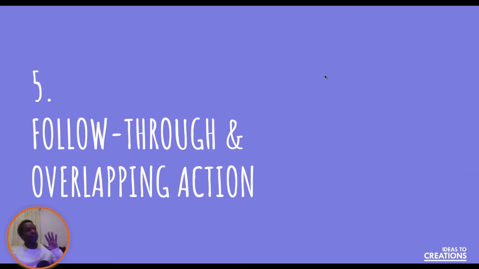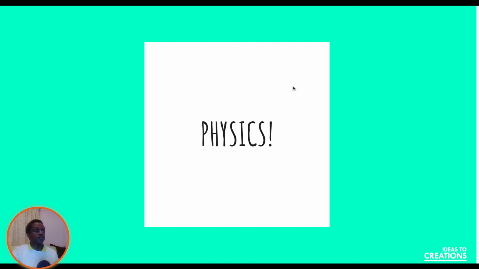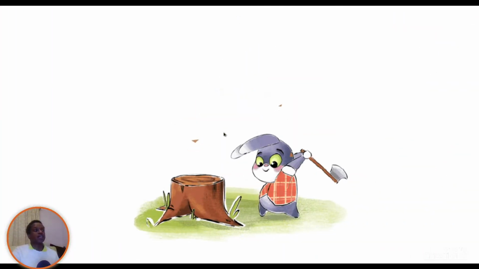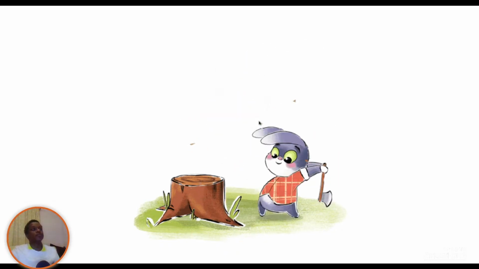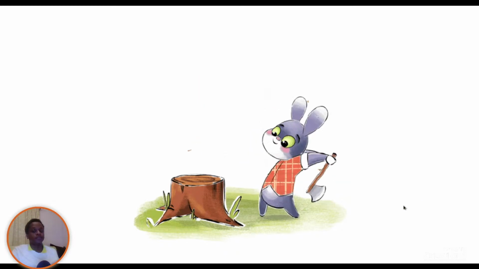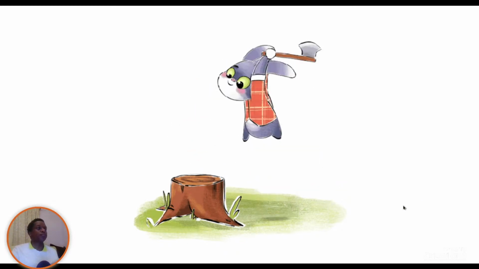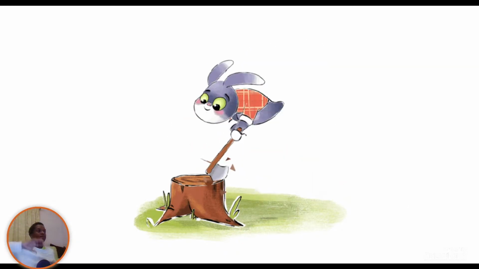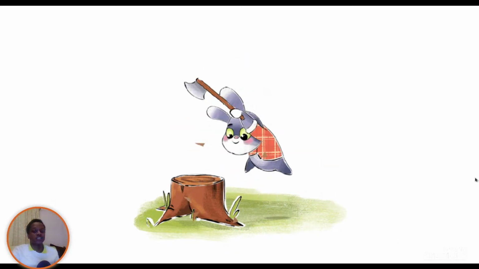So principle 5 is follow through and overlapping action. And that's what we're going to focus on, which is physics. That's what the pendulum is all about. And in this character, it's how the ears are moving up and down. That's what you'd consider the overlap. That's what the pendulum is now trying to teach us: how to be able to track the way the head is moving and the way the ears are reacting to that movement.